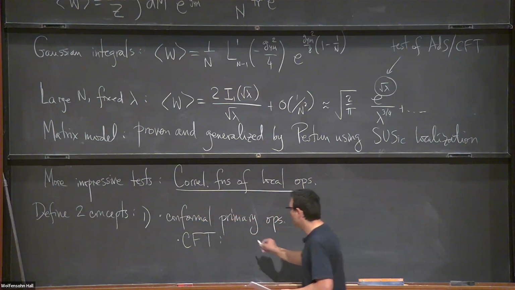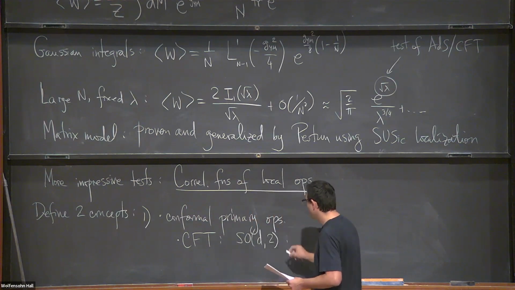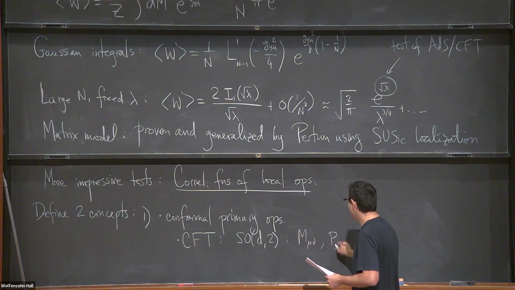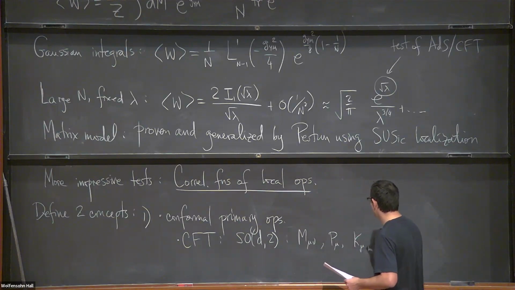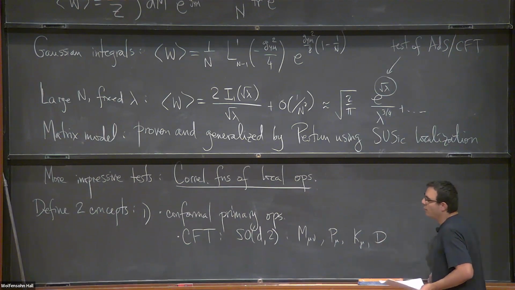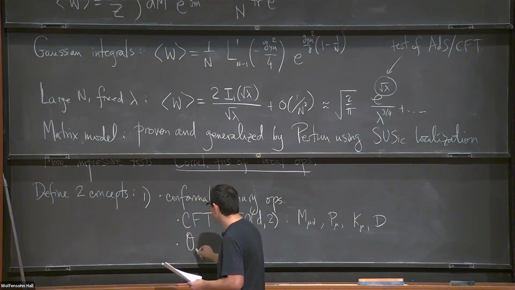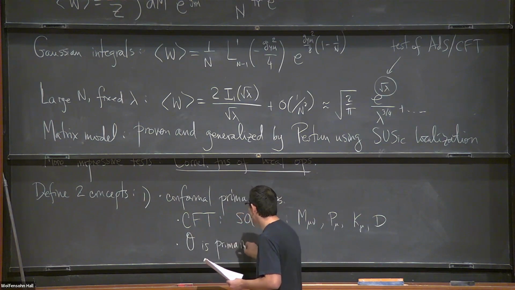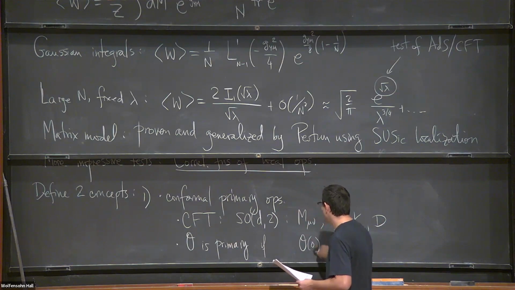The conformal algebra is SO(d,2), and the generators consist of the Lorentz generators M_μν, translations P_μ that act as derivatives, special conformal generators K_μ, and dilatation D. And what's a conformal primary? A conformal primary operator O is a primary provided that when we put it at the origin, it's annihilated by K.